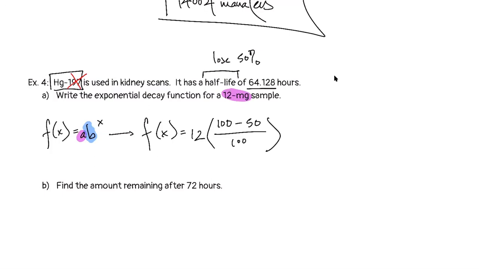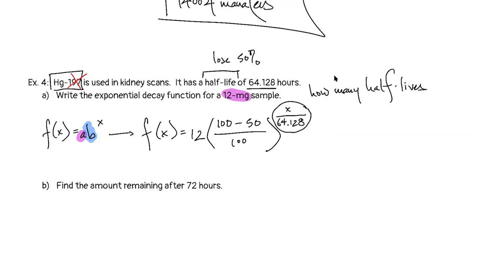Now, before we put in our exponent, the exponent here we want to put in is how many half-lives. What that means is we don't just put an x up here. We're going to put x divided by the half-life.